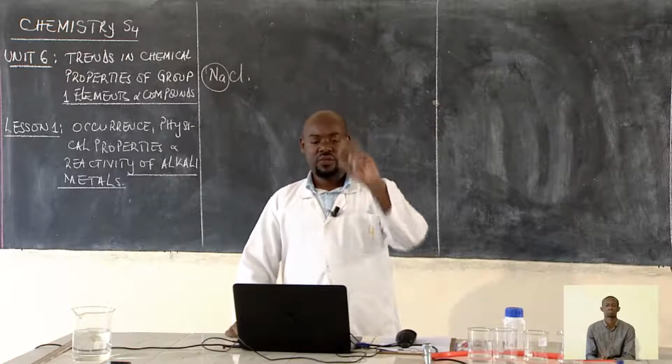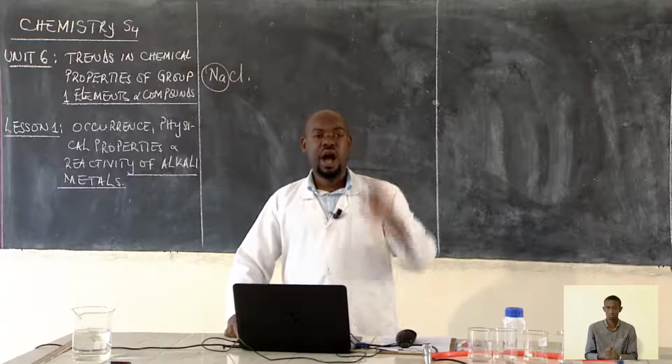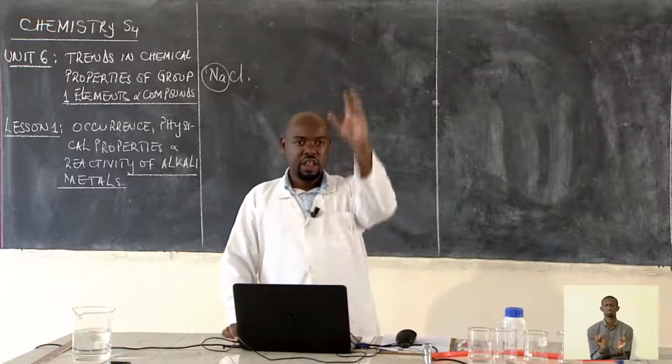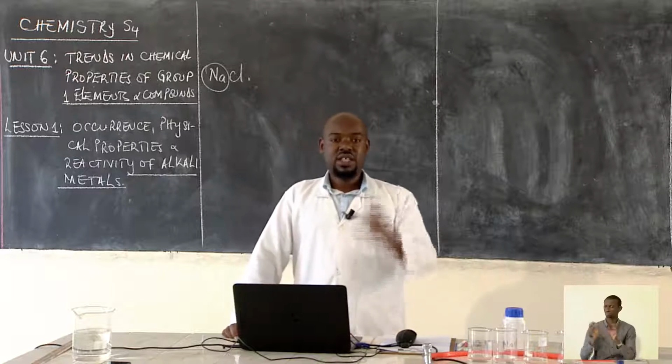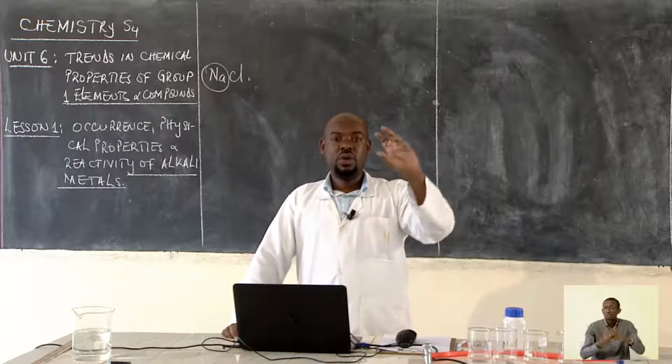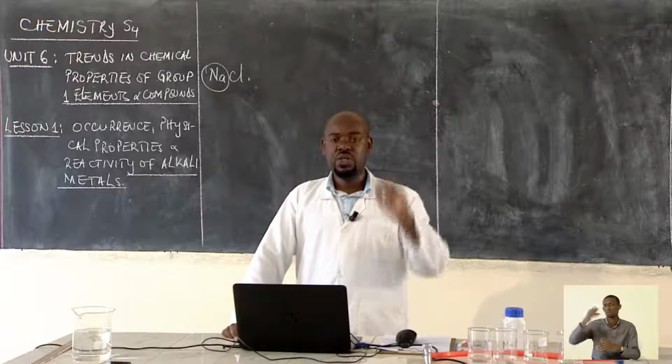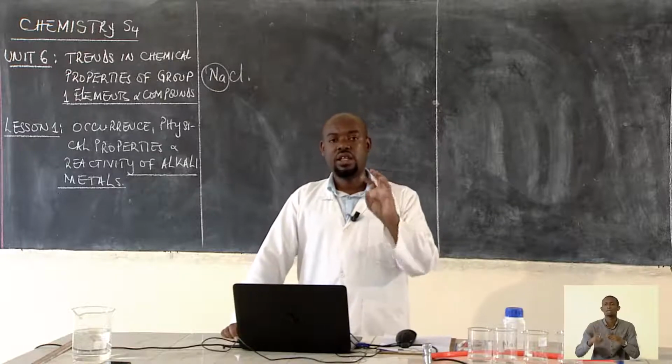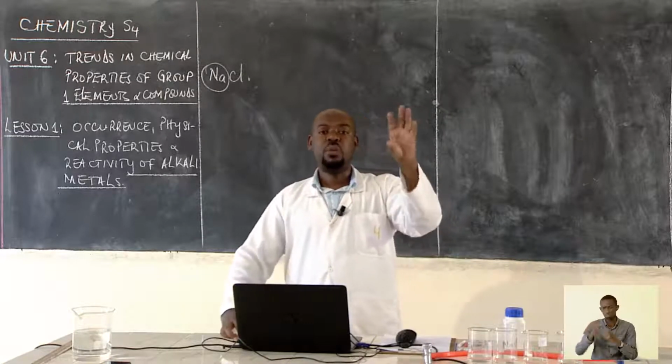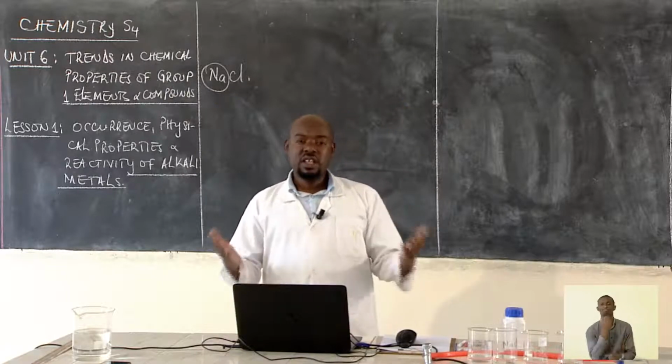But as you have seen, I didn't put hydrogen in that group. We are starting with lithium, we go on with sodium, potassium, but there is no hydrogen. And yet we know that hydrogen is in group number 1. Why is it like that?